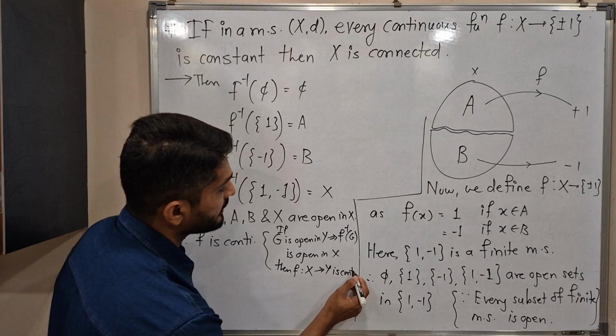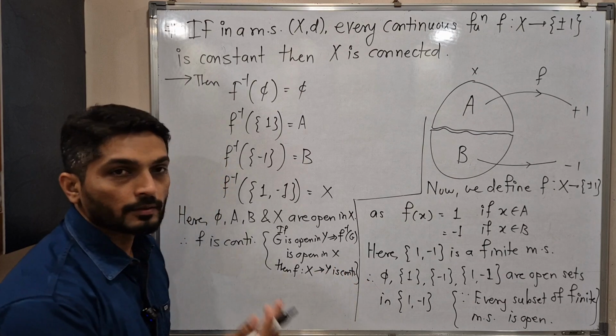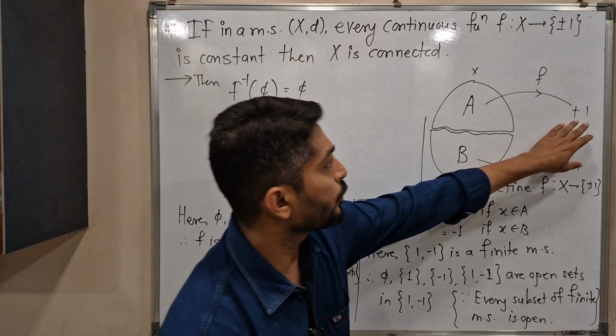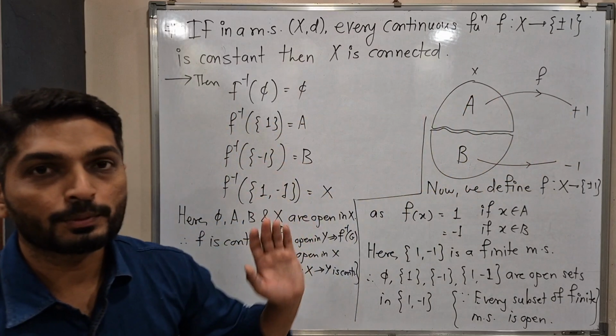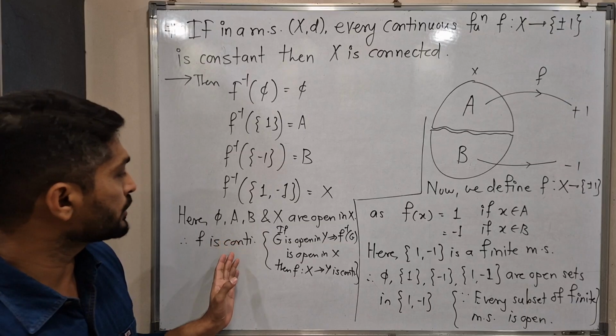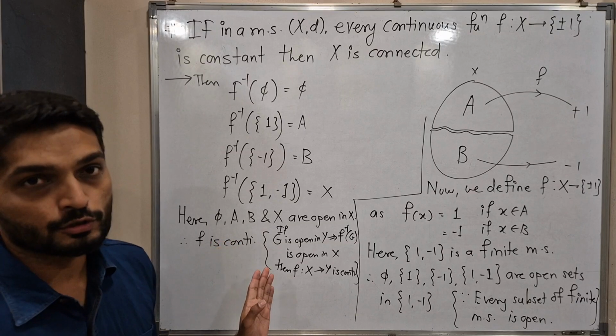This is one standard result we have already covered in the playlist of continuous functions. If any open set in the codomain has an open inverse image in the domain, then the function is continuous. The same thing I am using to prove that this F is continuous.